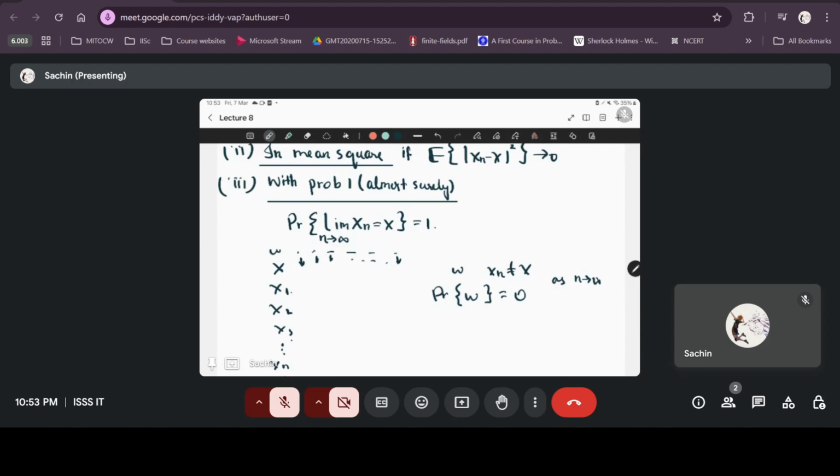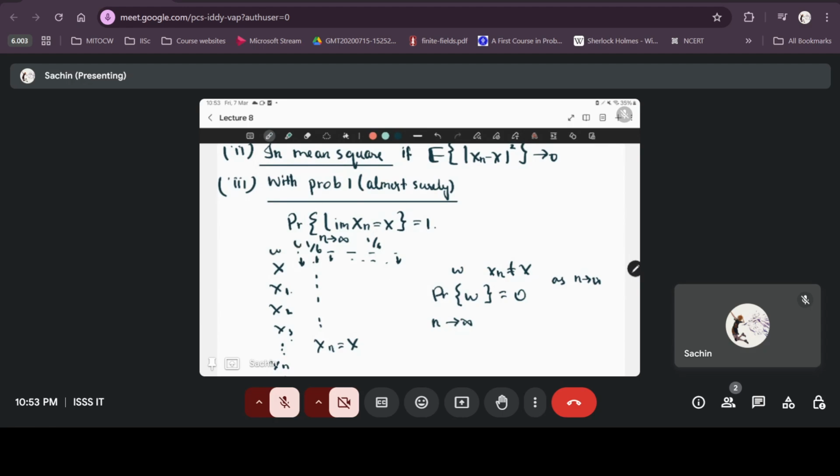So that means as n approaches infinity, whichever outcomes occur with non-zero probability, for those outcomes, Xn and X should match. Xn should be equal to X.